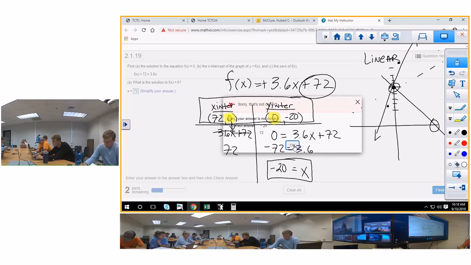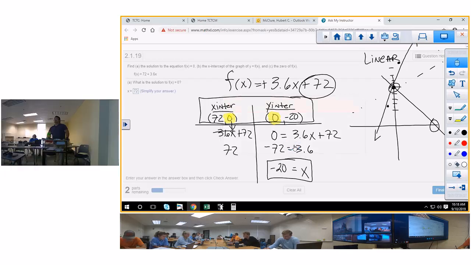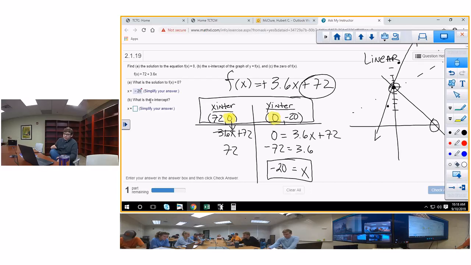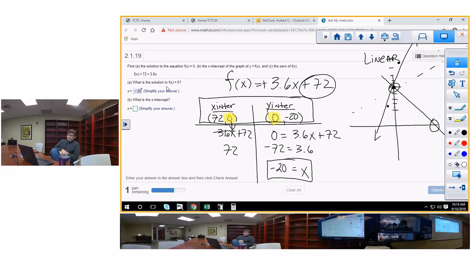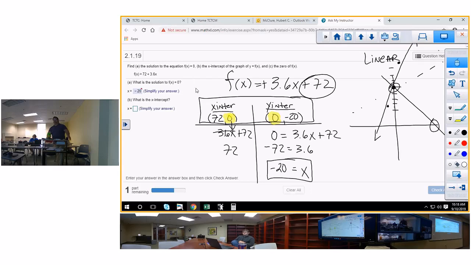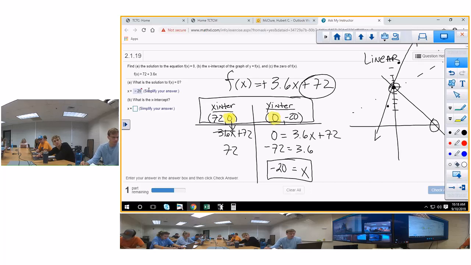Negative 20. Oh, I've got it backwards. What? I got negative 30. Does that not say y is equal to 0? F of x equals 0. So f of x is equal to 0. Somebody tell me, doesn't that say y is equal to 0? What is the x-intercept? Well, that's the x.